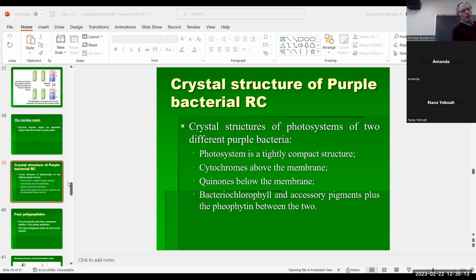Many of the purple non-sulfur bacteria are photosynthetic, but they can also utilize organic carbon. And many of these can exist either in the presence or absence of oxygen. So this group is metabolically extremely diverse. Very complicated group, very interesting group.